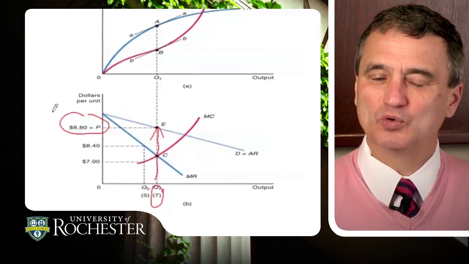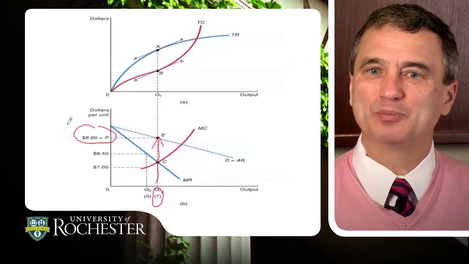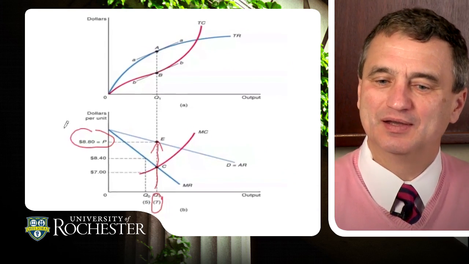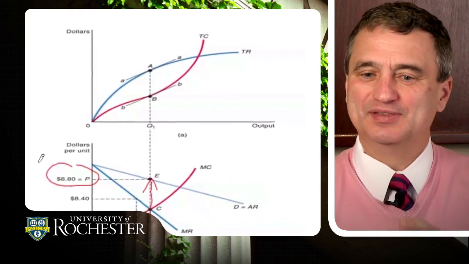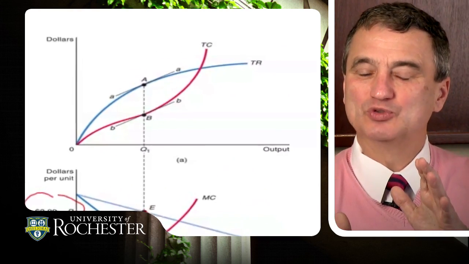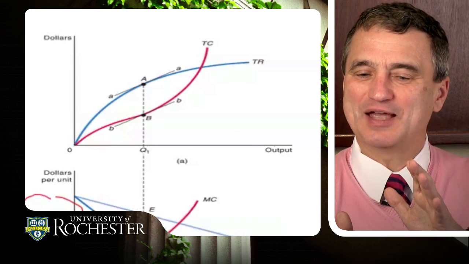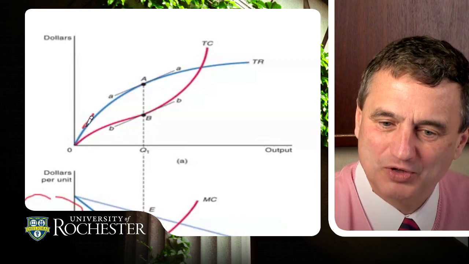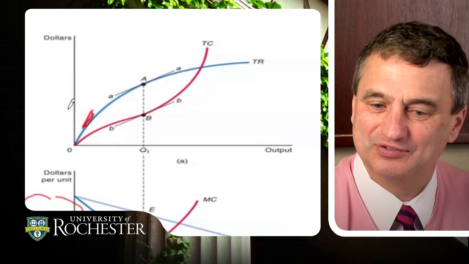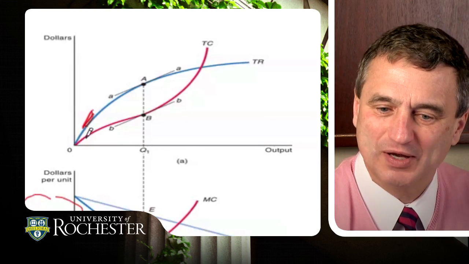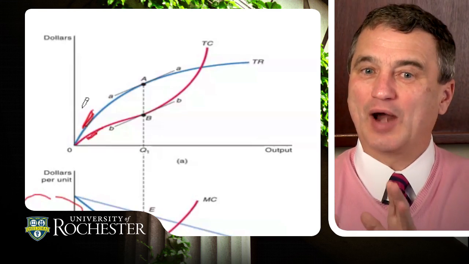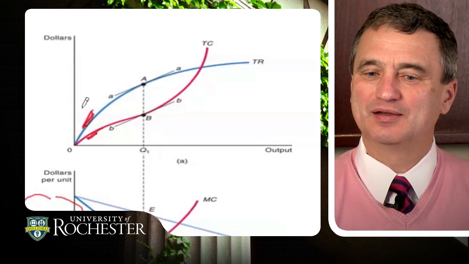Now, if we look at the total curves, it's the same intuition we developed last week in the context of perfect competition. So long as the difference between total revenue and total cost, the height difference, is expanding. So long as the slope of total revenue, marginal revenue, is greater than the slope of the total cost curve, you're adding on to profits.